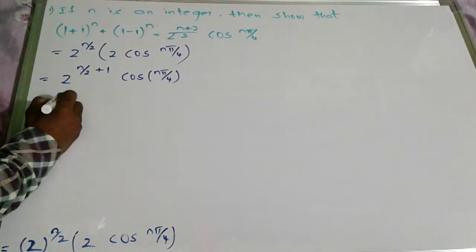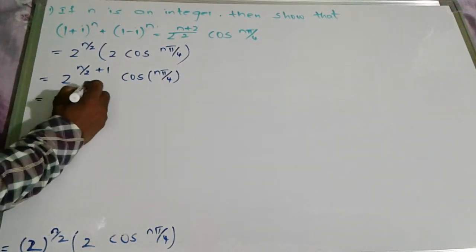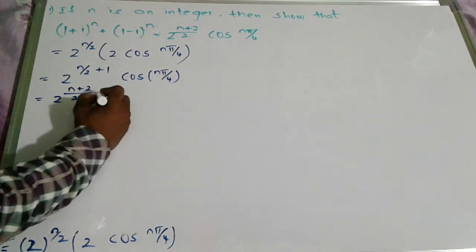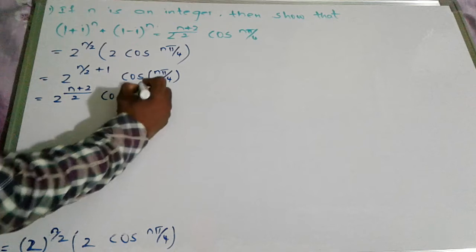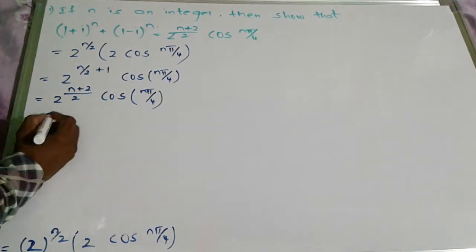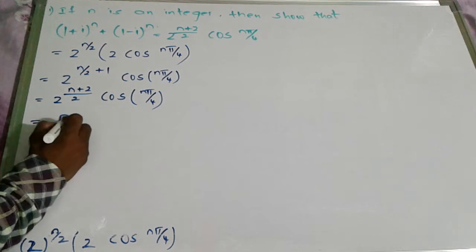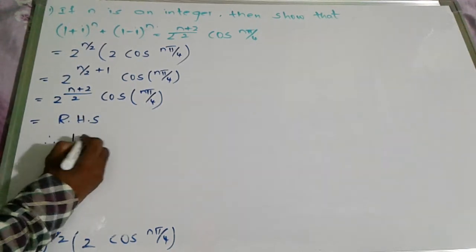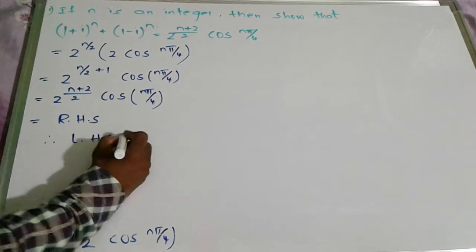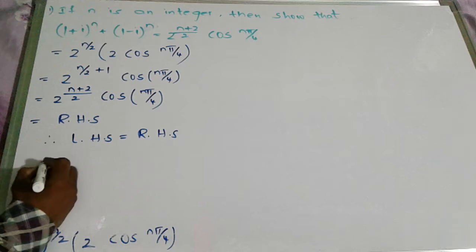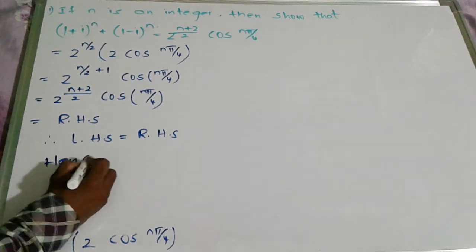So we get 2 plus 2 by 2. Here 2 goes over here. Cos n pi by 4. This is equal to RHS. So finally LHS equals RHS. Hence we proved.